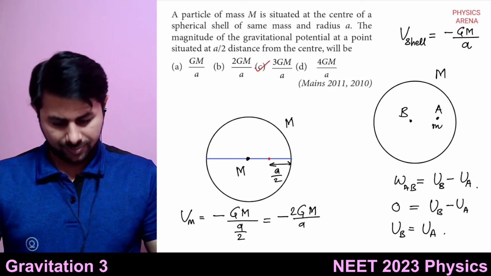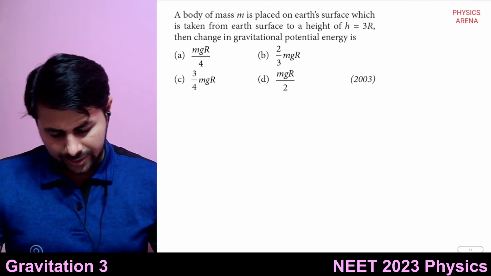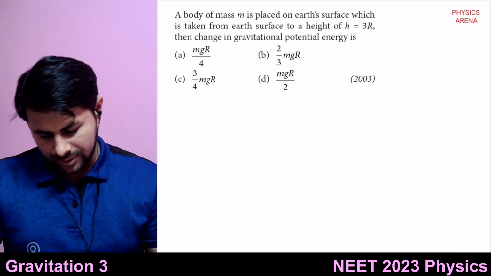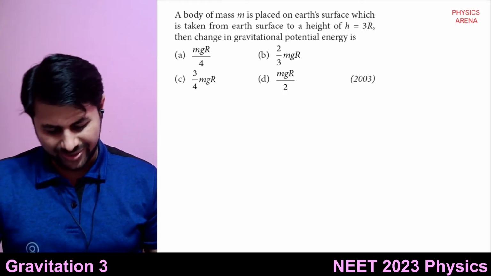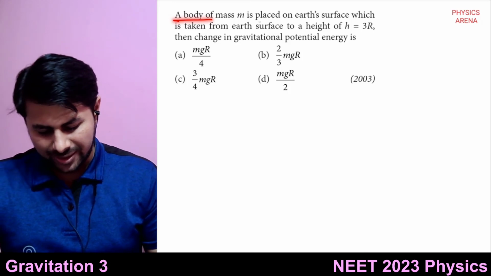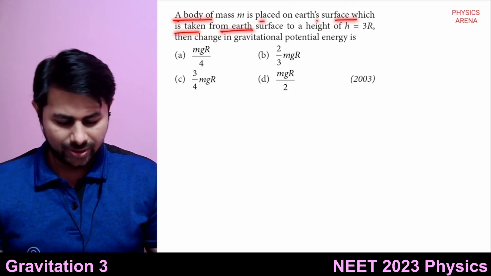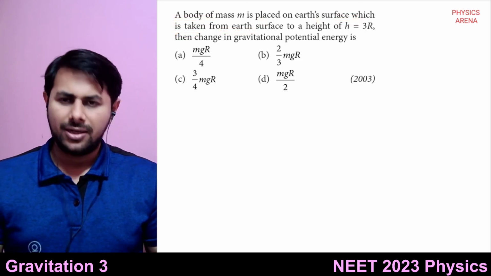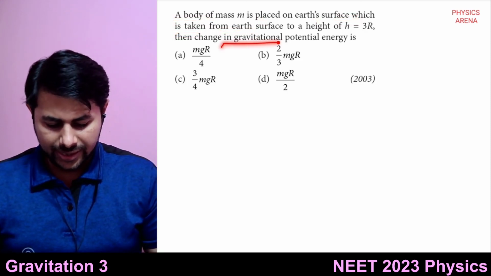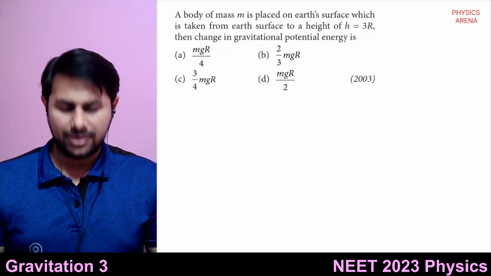Okay, good. Let us see the next question. This is a similar question once again. A body of mass m is taken from Earth's surface to a height h equal to 3R. The change in gravitational potential energy is?